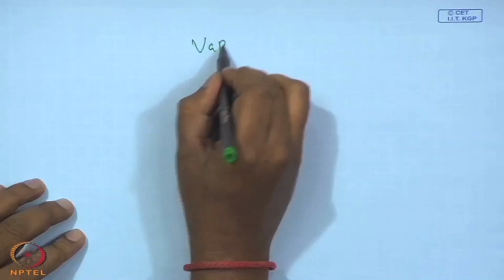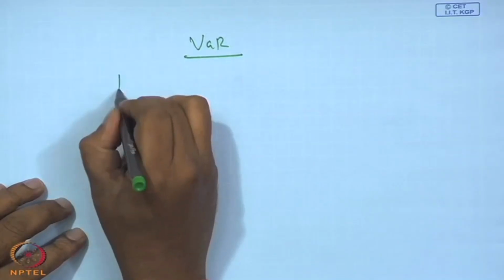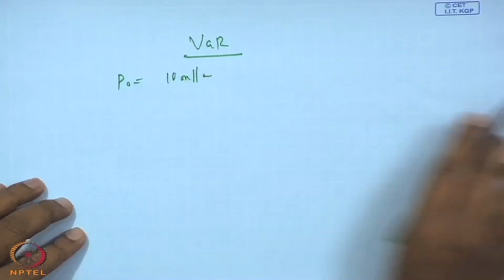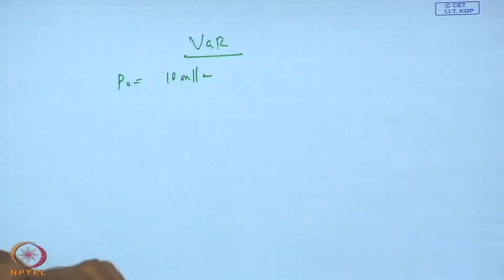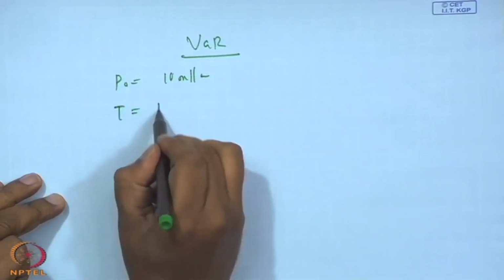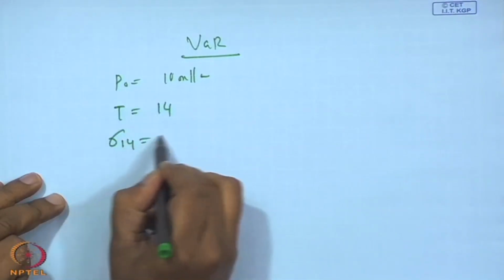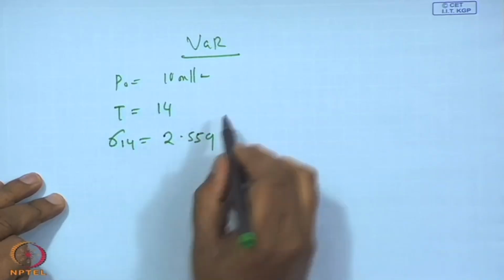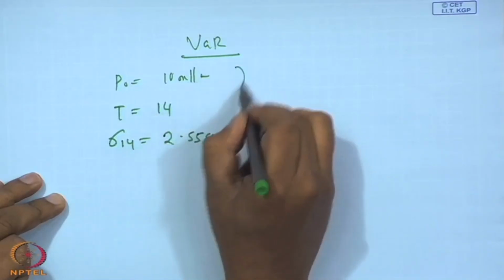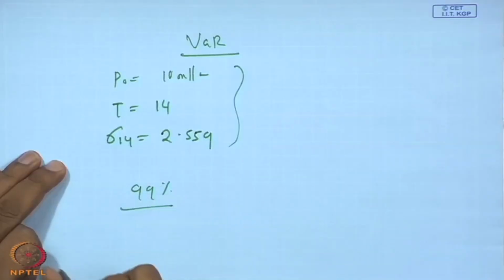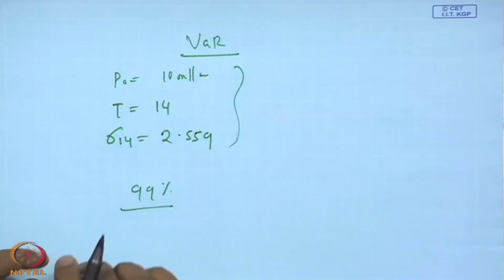So, for our VAR, P0 is 10 million, T is 14 days, and sigma 14 we also got as 2.559. Now these 3 we need for the calculation of VAR. Suppose you are 99% sure that the same volatility will continue.